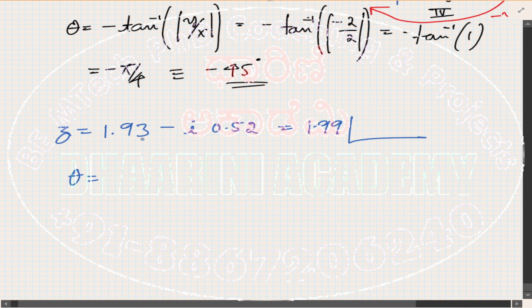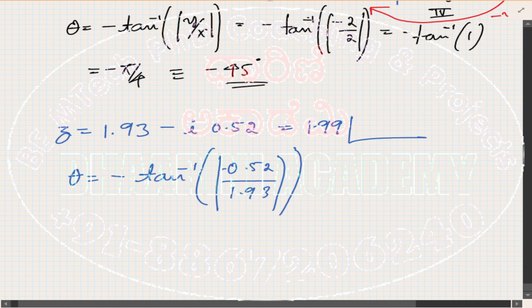Theta should be, I can see that y is negative, x is positive, so this has to be minus, right? So negative tan inverse of 0.525 by 1.93. So this is minus tan inverse of 0.26.